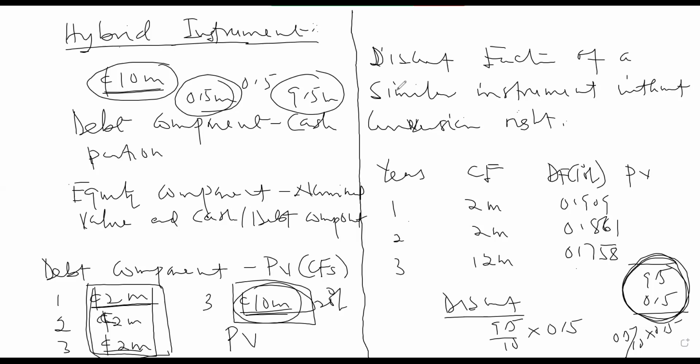So the best way is to use the proportion of their values to apportion the issue cost to them. There might be an issue cost in the question, so you have to look at how you go about the allocation of the issue cost, and this is how it is done.